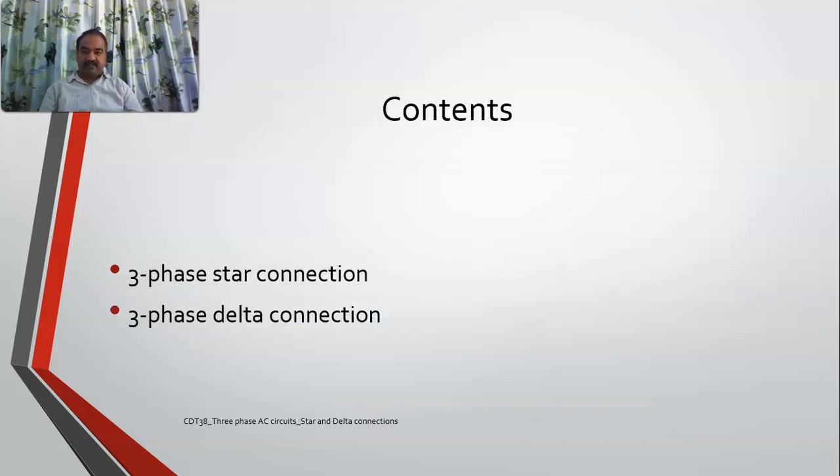I'll start with the star connection first. I'll explain what a star connection is, then show you the different quantities in a star connection, and then with the help of some phasor diagrams we will determine the relation between line quantities and phase quantities in a star connection.